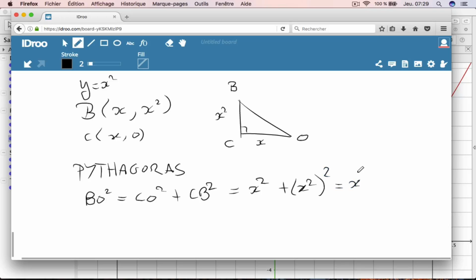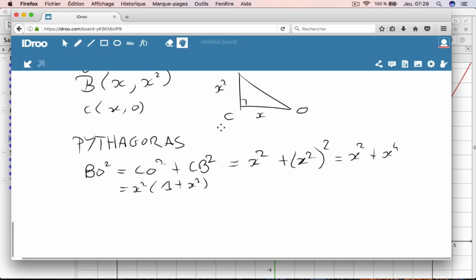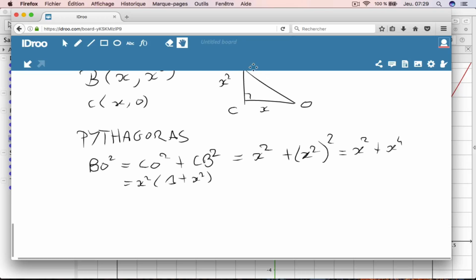So that means x squared plus x to the fourth. Or if you prefer to factorize, we can write x squared times 1 plus x squared. So when we compute BO, that's the square root of that.